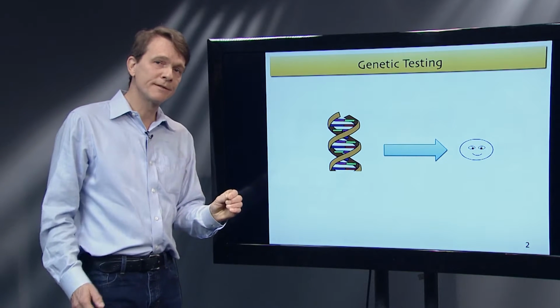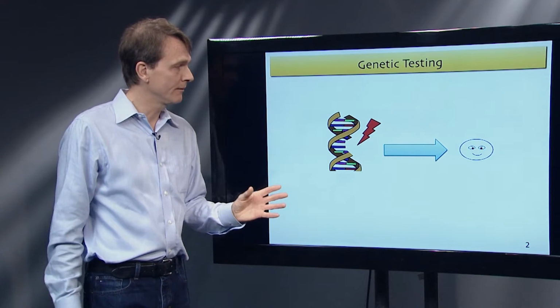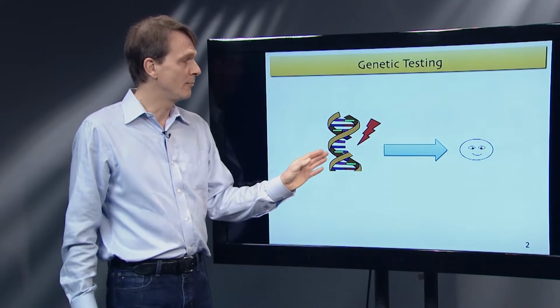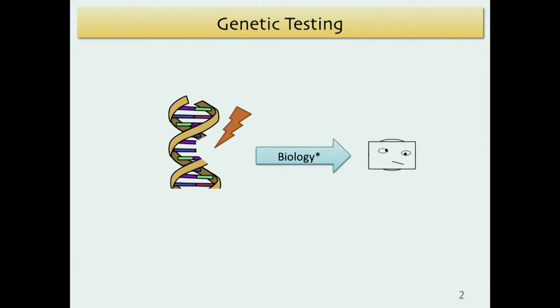When the instructions in the DNA are impaired in some way, the biology that builds the organism potentially goes awry, and the outcome is not within the norm: disease, malformations, perhaps even death.